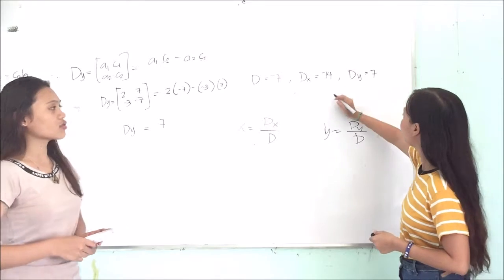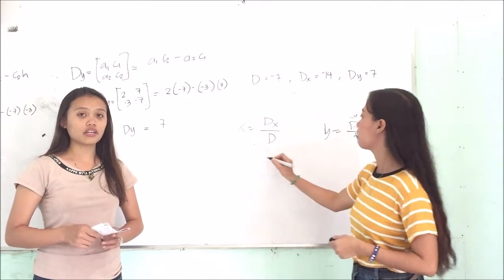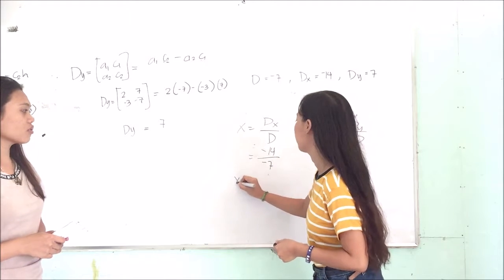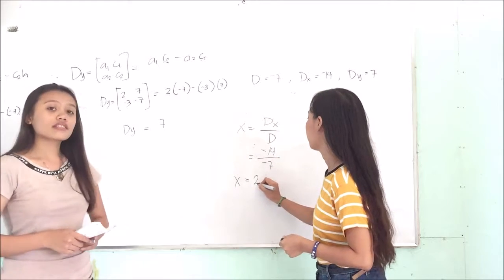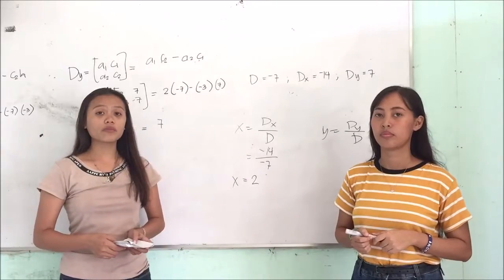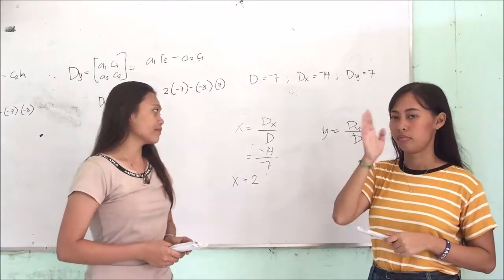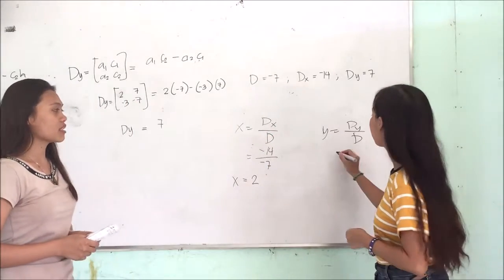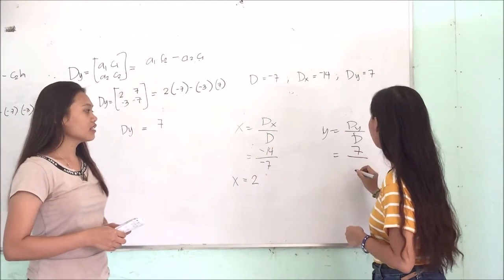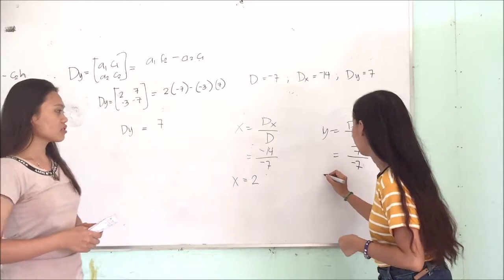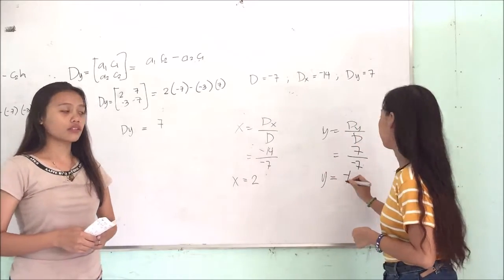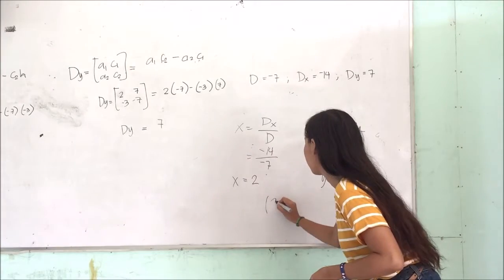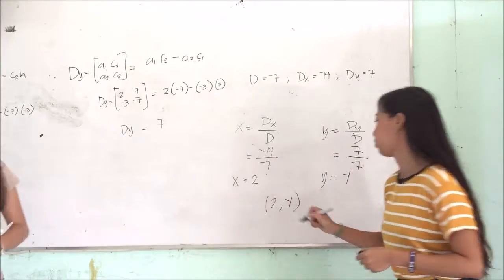Substituting dx, which is negative 14, and d, negative 7, the value of x is 2. Now for y, substitute dy and d, negative 7. The value of y is negative 1. So the final answer is 2 and negative 1.